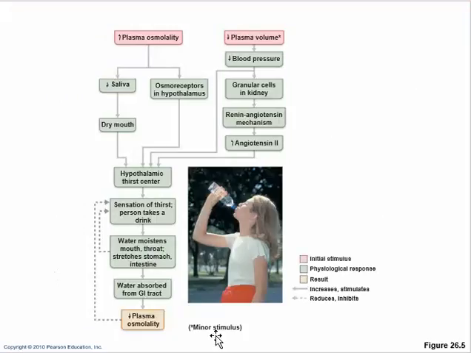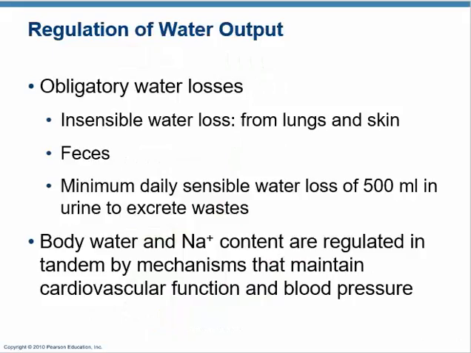So this is just that idea in chart form. Okay, we can regulate water output. We can't regulate it all because we will always have the insensible water loss, breathing.